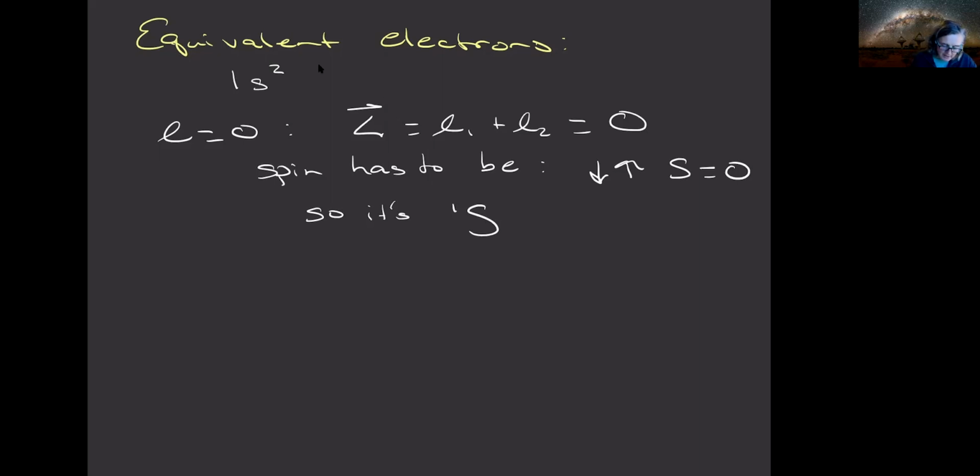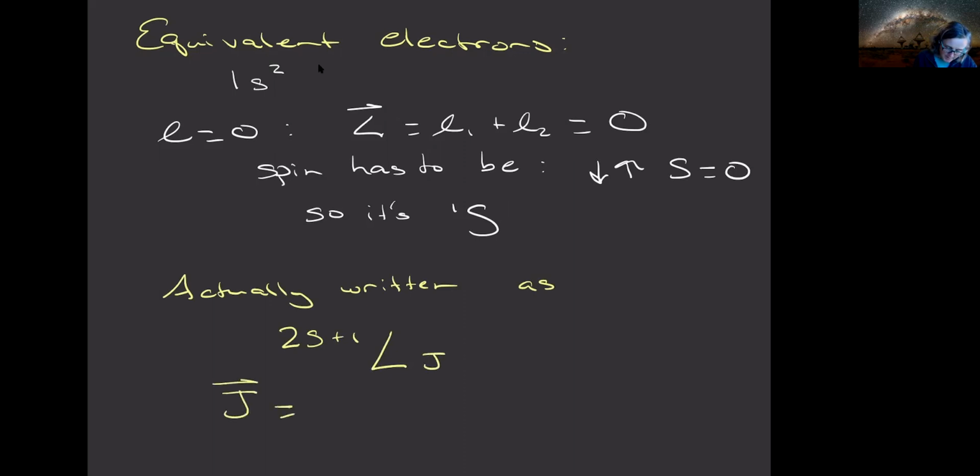And actually, it's worth remembering that the terms are actually written as 2S plus 1, L, J, where J is given by the orbital angular momentum, the total angular momentum, plus the spin angular momentum.